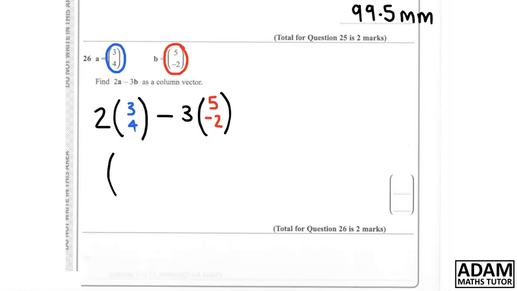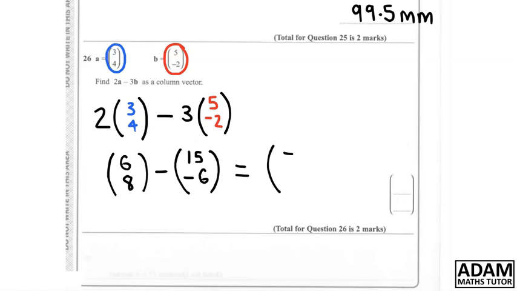So 2 lots of 3, 4 would be 6, 8, and I'm taking away 3 lots of 5, negative 2, which would be 15, negative 6, and 6 take away 15 would give us negative 9, and 8 take away negative 6. Just be careful when you take away a negative number, that has the same effect as adding. So 8 plus 6 would be 14.